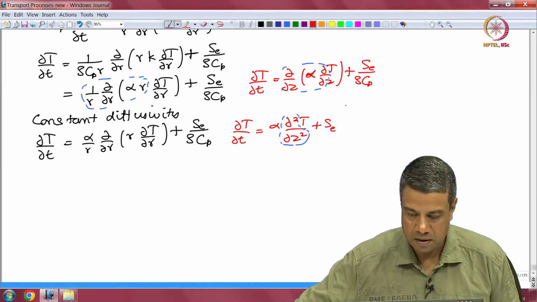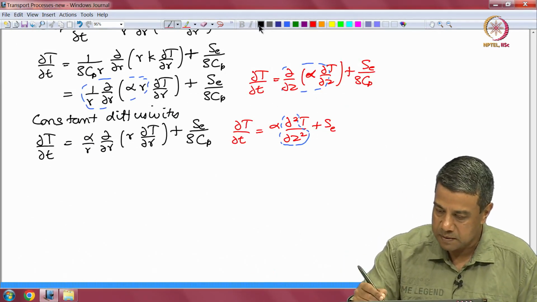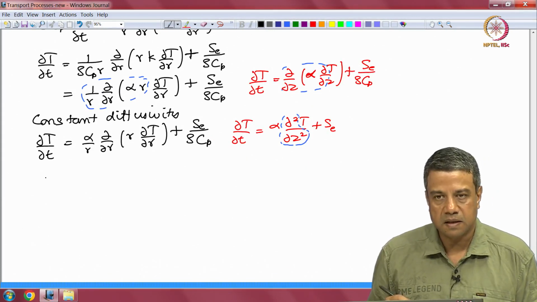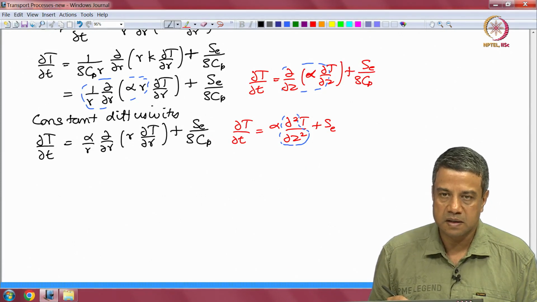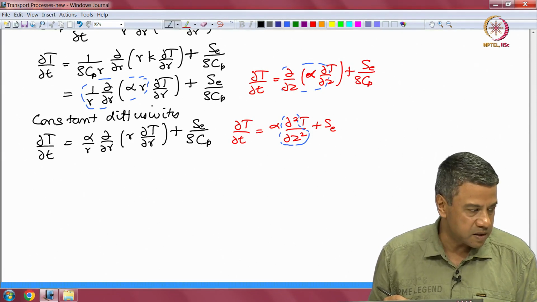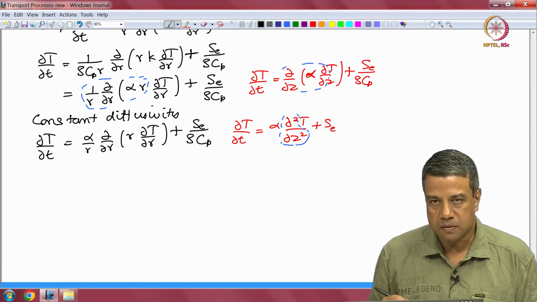You can do the mass balance in a very similar manner. As I said, to go from energy to mass balance, convert temperature to concentration, thermal diffusivity to mass diffusivity, energy source to mass source.